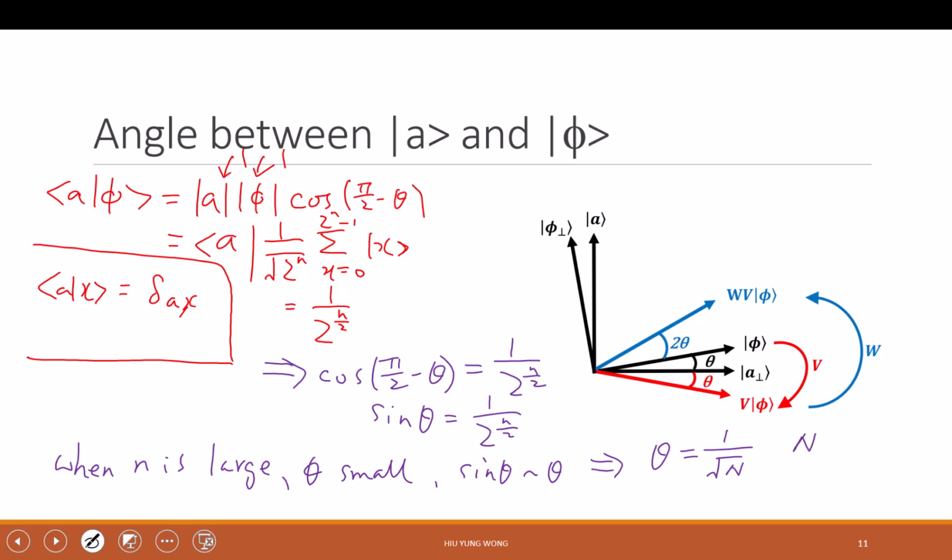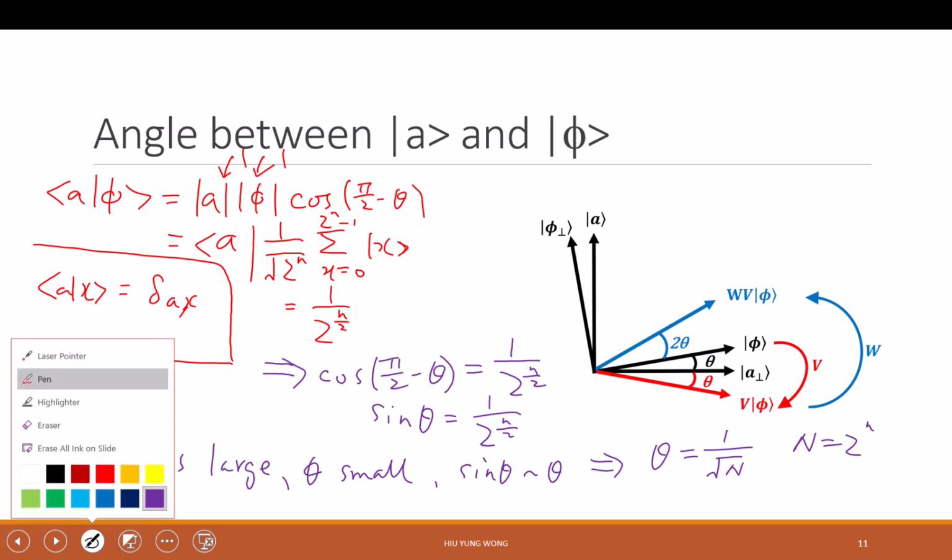Right? Because capital N equals 2 to the power n. This N may be 1 trillion, and which is just how many qubits? 40 qubits, 1 trillion. Yeah. About, yeah. Okay. So that is theta.